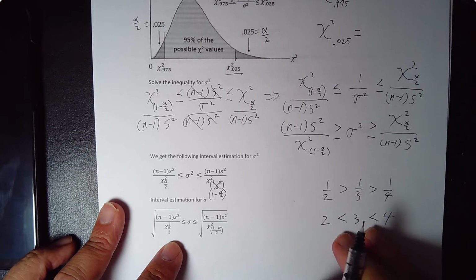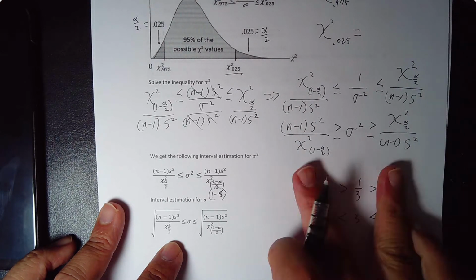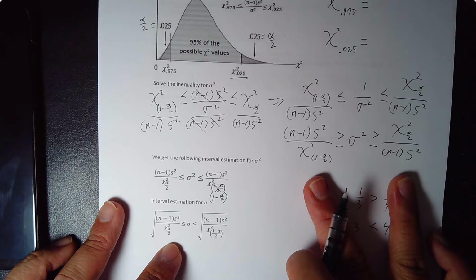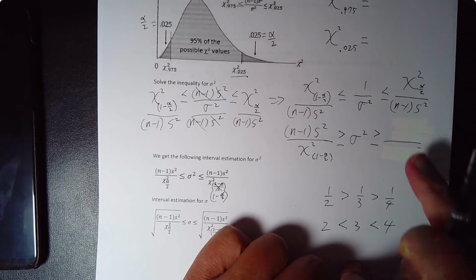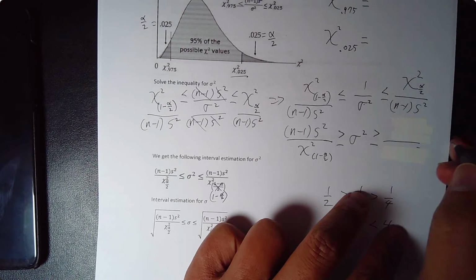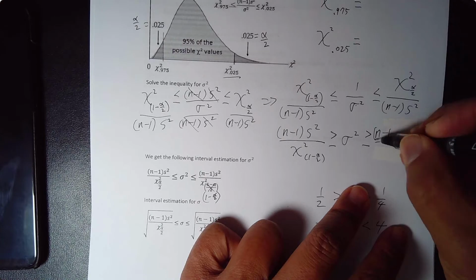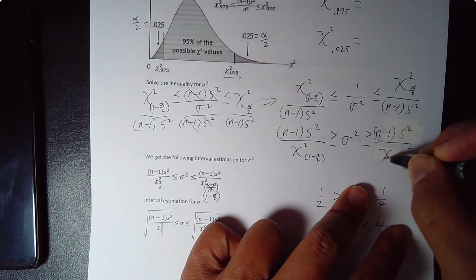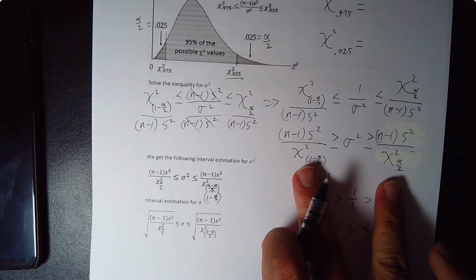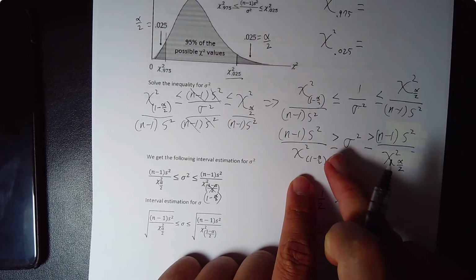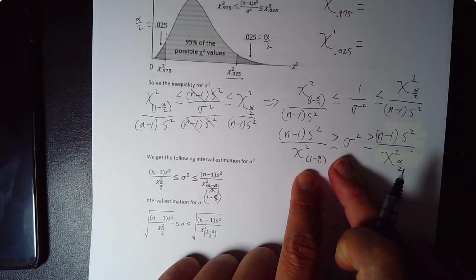So once I flipped it around like this, sorry, I forgot to flip this part over here. I'll have n minus 1 s square over chi square alpha half. Now, by tradition, we always write the smaller number on the left.